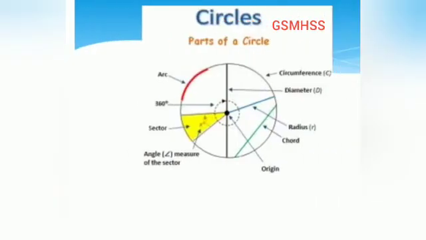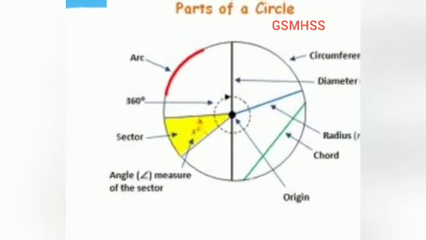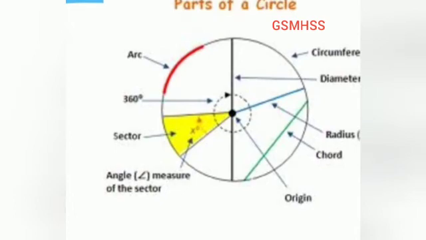Next, the circle. Same as before, you draw a circle with radius, chord, sector, and diameter. The origin point is the center. The line segment passing through two points is called a chord. What is a radius? The distance from the center point to a point on the circle is called a radius.